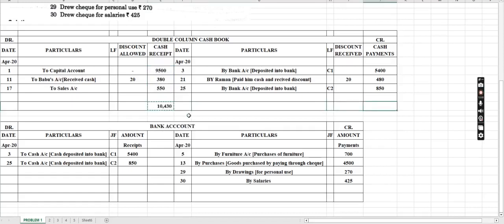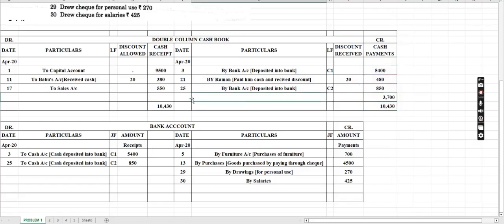Now this balance I need to write it here, 10,430 rupees. From that, here I need to deduct this amount. This minus this minus this minus this, 3,700 rupees should be the balance which is left out.